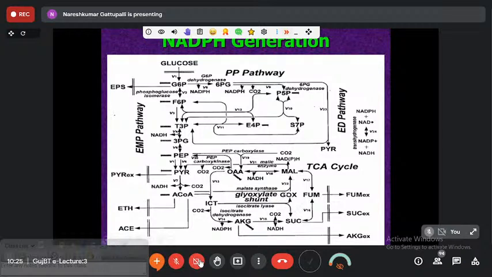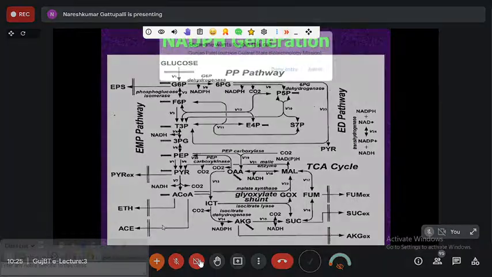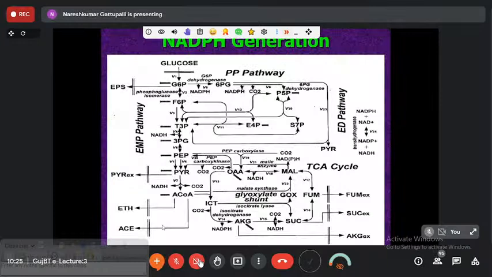So there is a process from glucose 6-phosphate going into ribulose 5-phosphate. In that, there are two steps: glucose 6-phosphate gets converted to 6-phosphogluconate, and you generate one NADPH, and 6-phosphogluconate getting converted to ribulose 5-phosphate generates another NADPH.